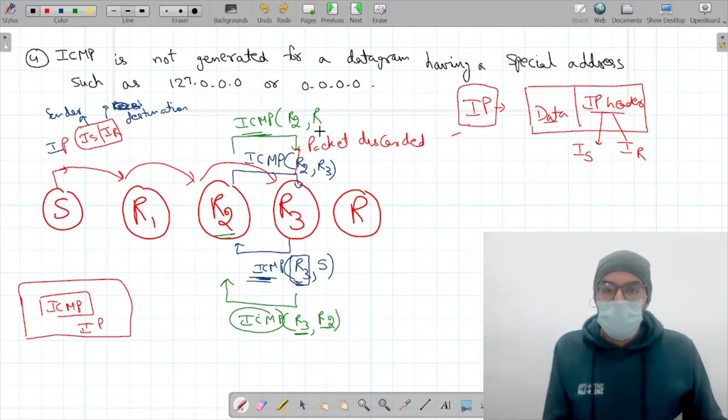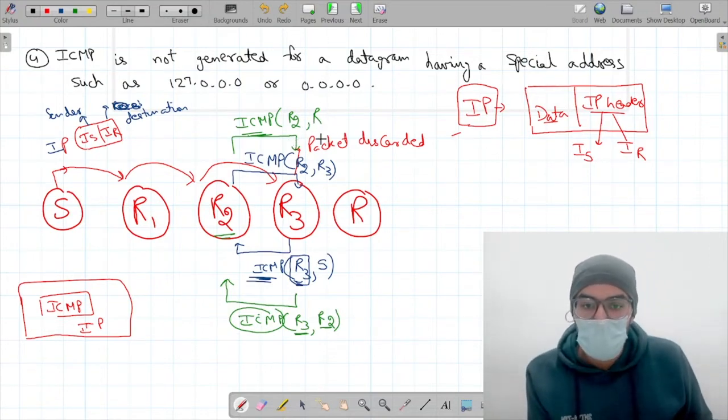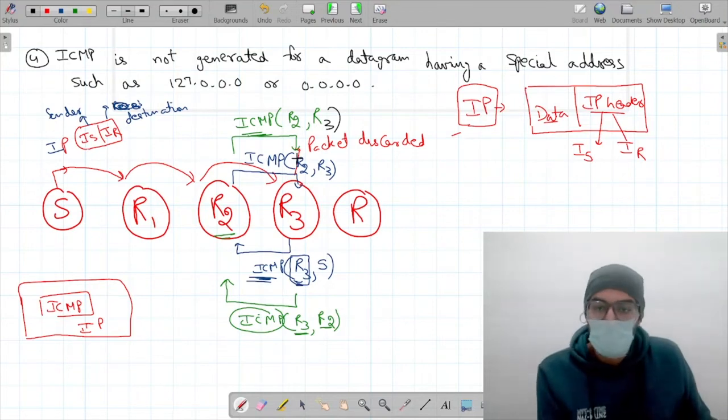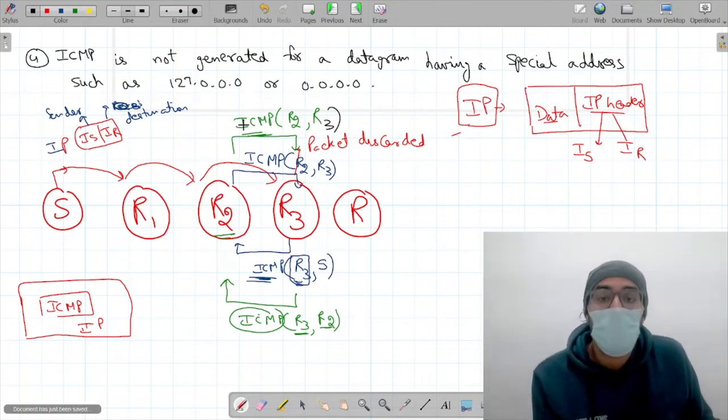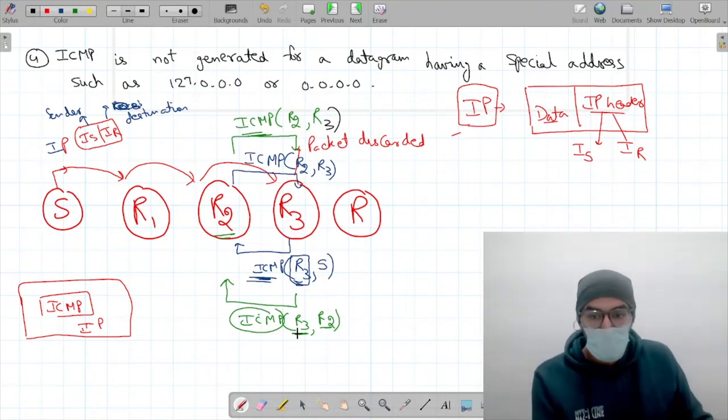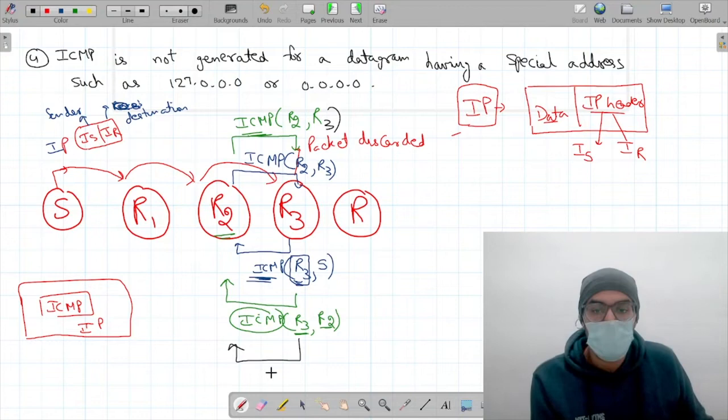Okay. See over here, R2, and it was meant for R3. Now over here, when this packet got discarded, we were correct. We were not wrong in this. When this ICMP packet, which is of the form IP packet, got discarded by the router R3, it is going to send an ICMP message to the sender of this IP packet that I am discarding your packet.